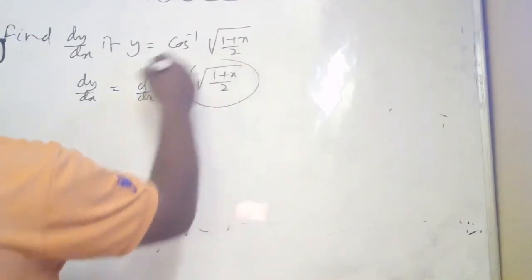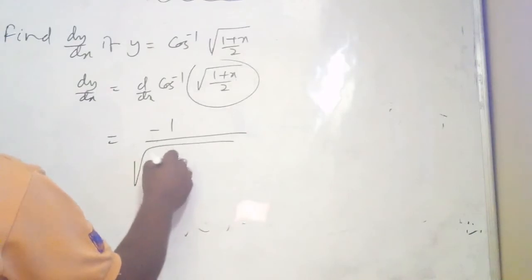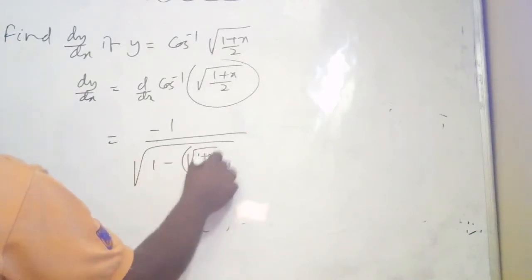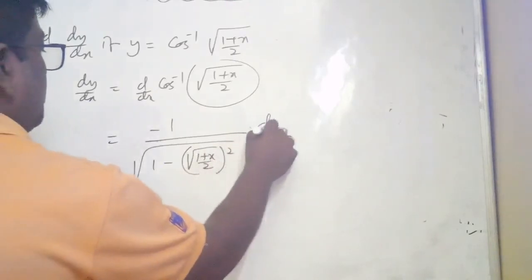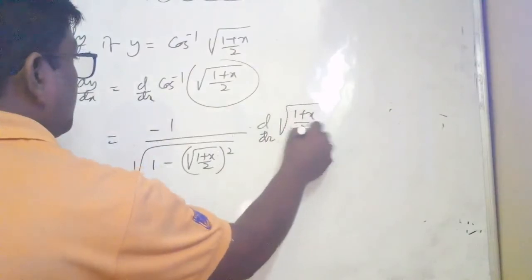Consider this is x. So the derivative of cos inverse x is minus 1 by root over 1 minus x square, which means minus 1 by root over 1 minus (root over 1 plus x by 2) whole square into d by dx of root over 1 plus x by 2.